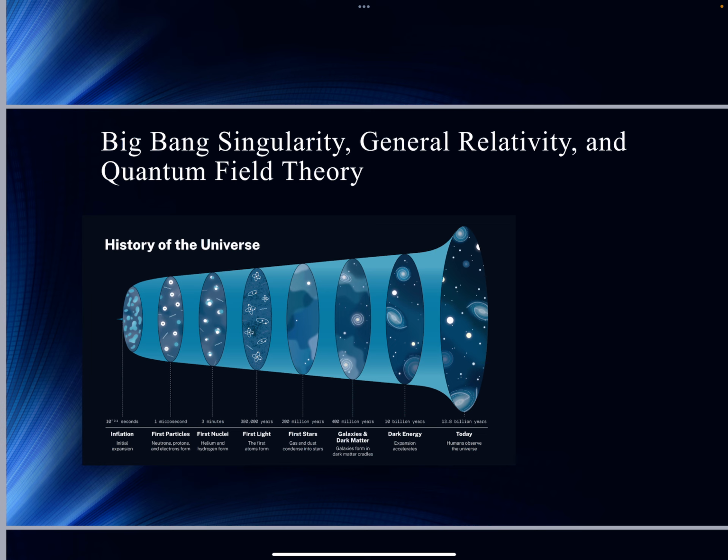General relativity describes gravity as a curvature of space-time that is caused by mass and energy. So GR has been confirmed through different experimental tests, different observations, and it's been very reliable.